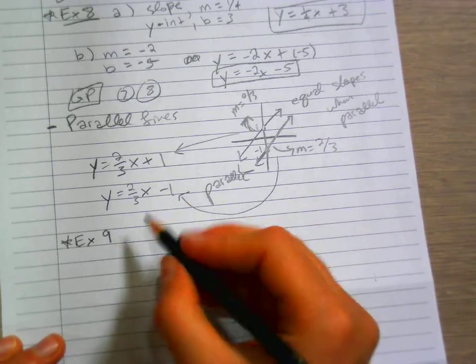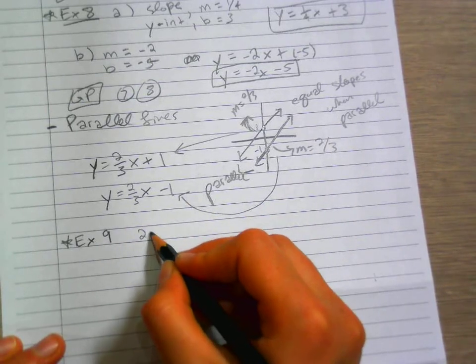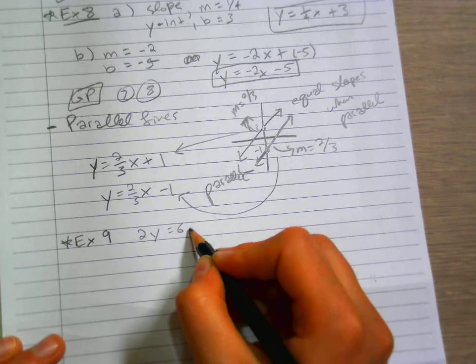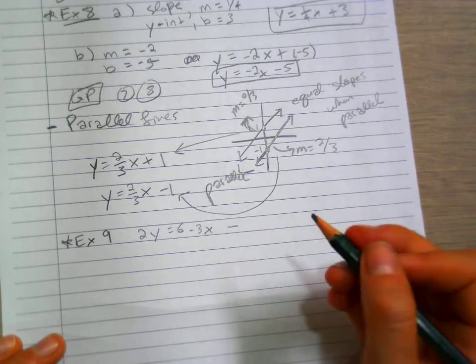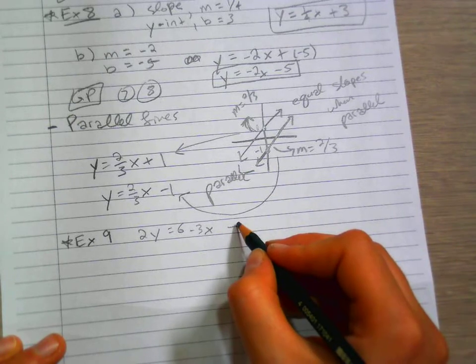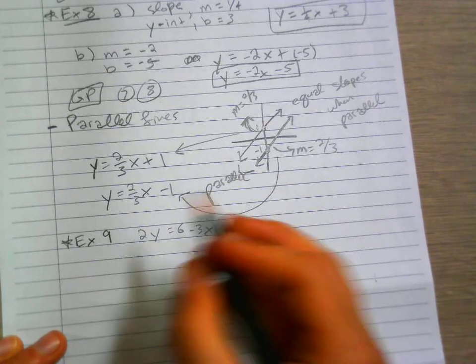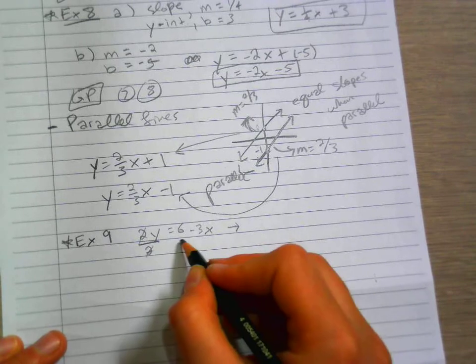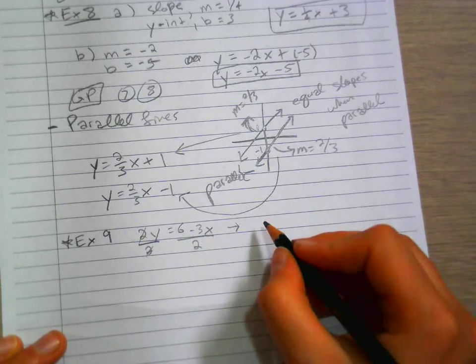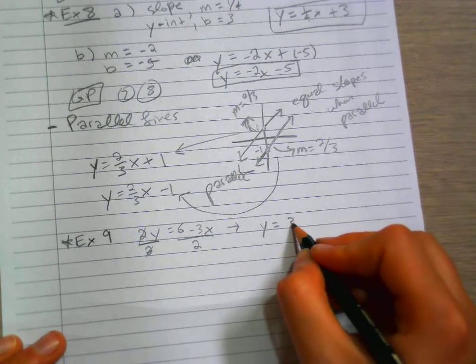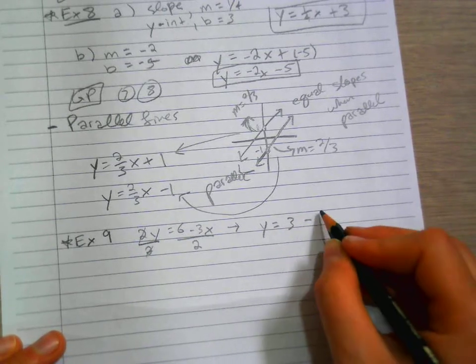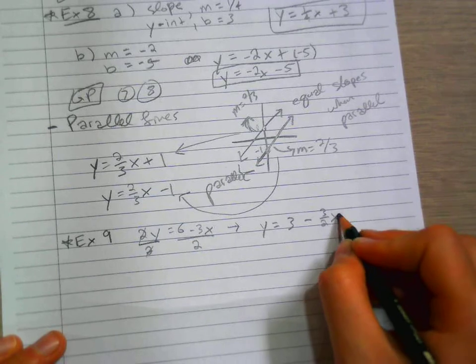The equation of a line is 2y equals 6 minus 3x. We could translate that to write it in slope-intercept form by dividing each thing by 2 so that those cancel, and that's going to give us y equals 3 minus 3/2 x.